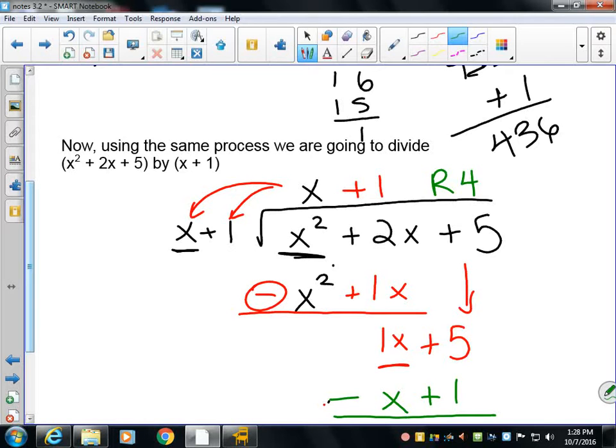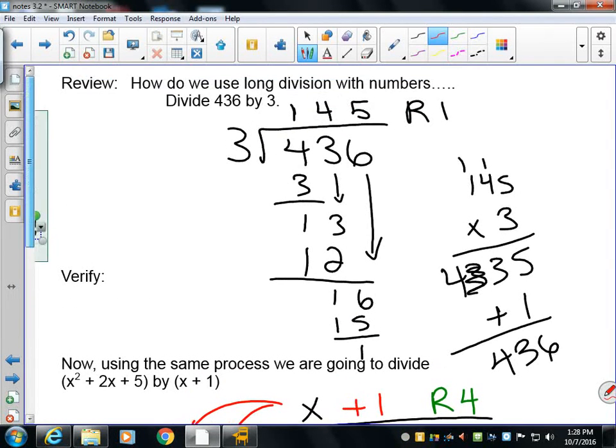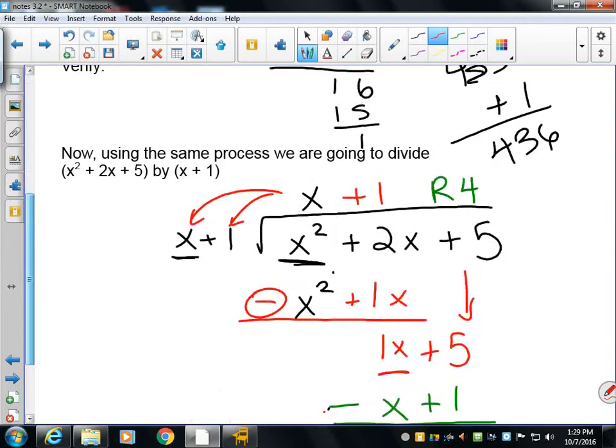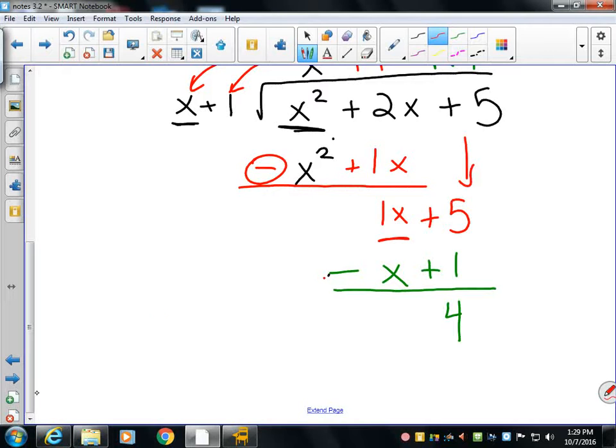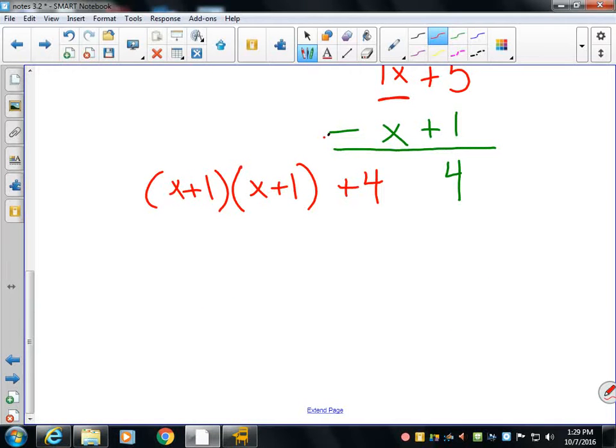So then if I asked you to verify, what would we do? Good. Here we multiplied what we were dividing by what we found as our answer, and then added the remainder. So we'll go x plus 1, because that's what we divided by. Then what's on top? X plus 1. And then we would FOIL, and we would add the remainder of 4. So let's check to see if we get the original thing we were trying to divide.